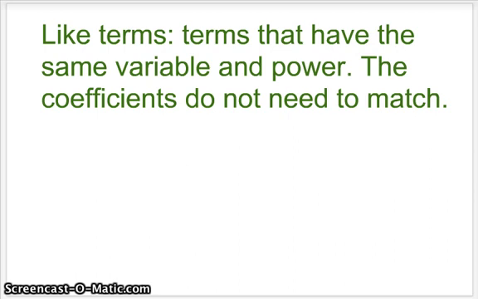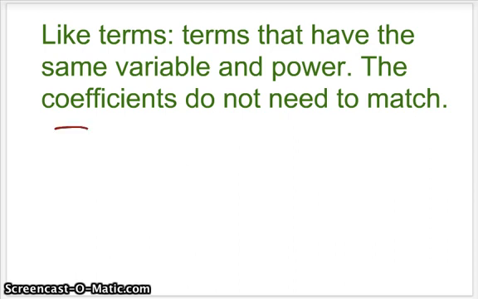Like terms. When we think of the word like, if we say they're a lot alike, that means that they're similar. Like terms are terms that have the same variable and power. The coefficients do not need to match. So they have to have the same variable and power.